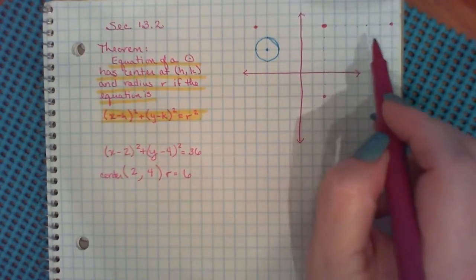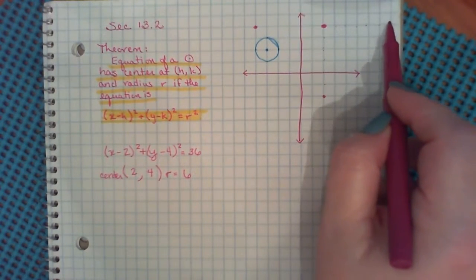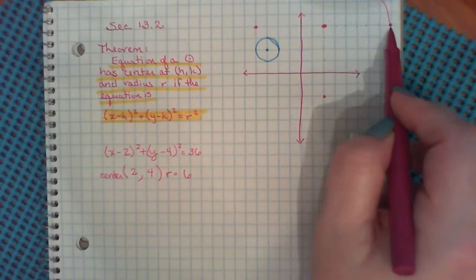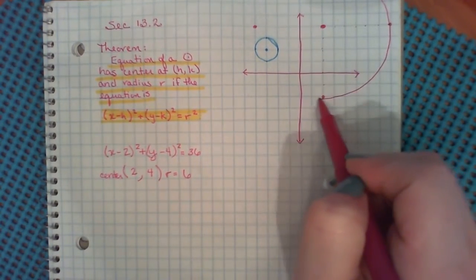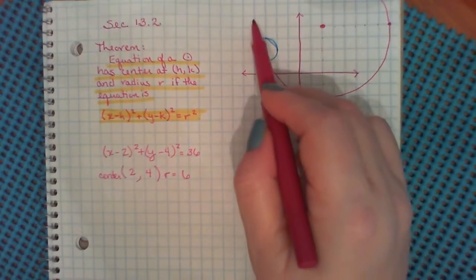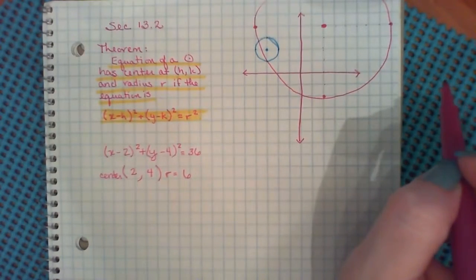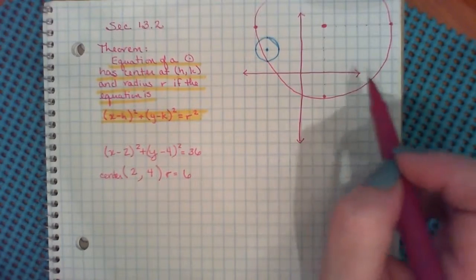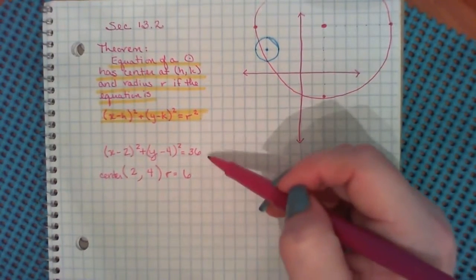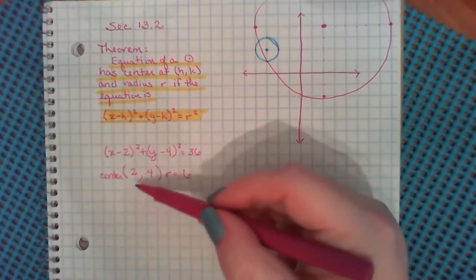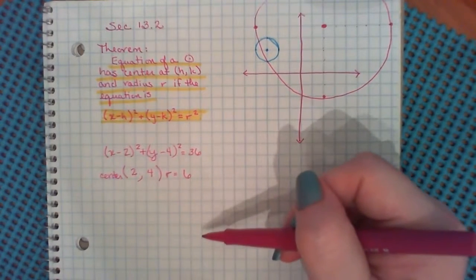And then all I have to do is connect my dots in the shape of a circle. It's not going to be perfect, but there it is. It has a center of (2, 4) and a radius of 6.